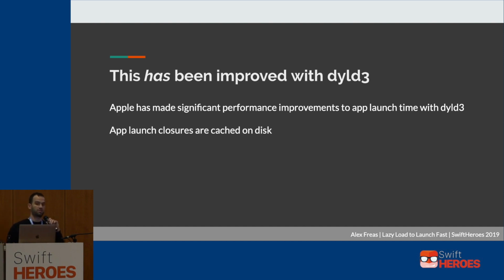Like I said, the app launch closures are cached on disk, and I'm not 100% sure, but I'm pretty sure the cache sticks around for quite some time. So between app launches, this cache will be available to dyld when it's launched from a terminated state. But it still can be pretty expensive. It still doesn't come for free.